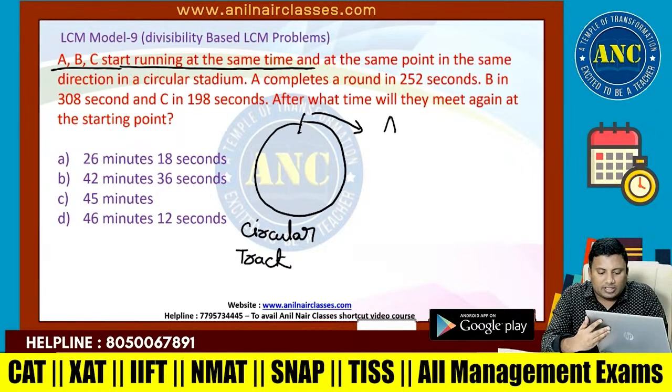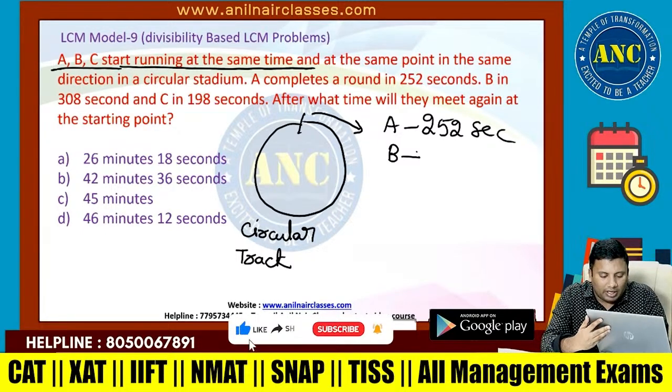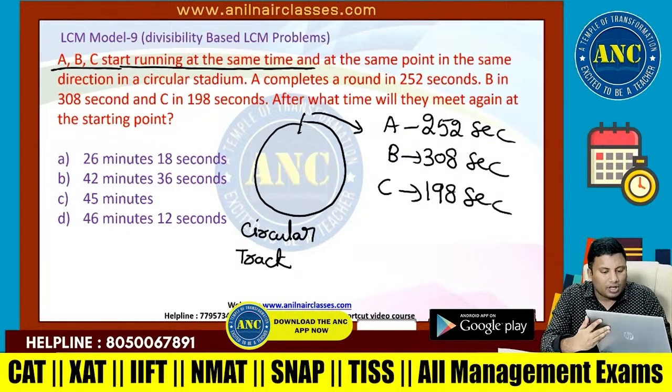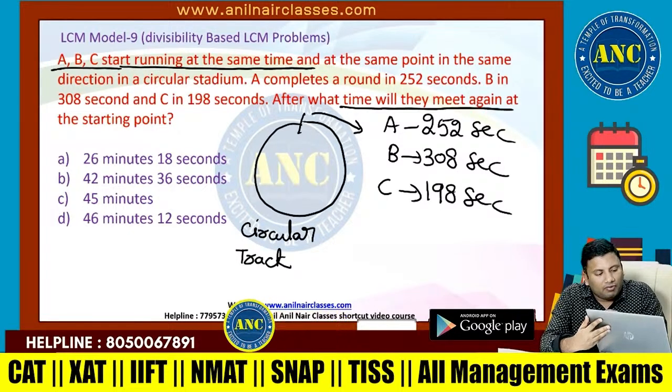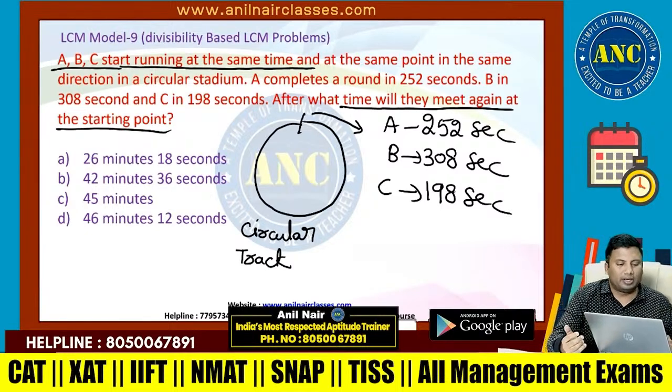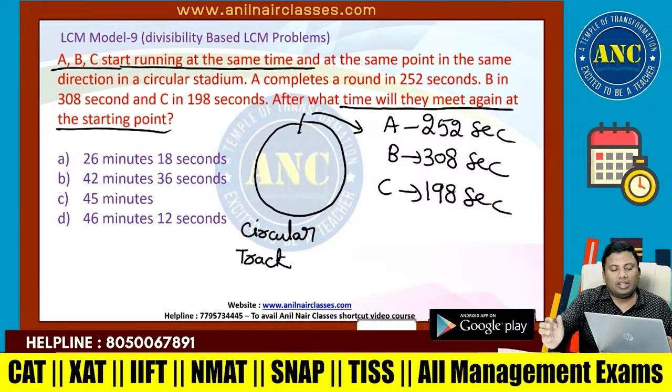A completes a round in 252 seconds. B completes the round in 308 seconds. C completes the round in 198 seconds. After what time will they meet again at the starting point?